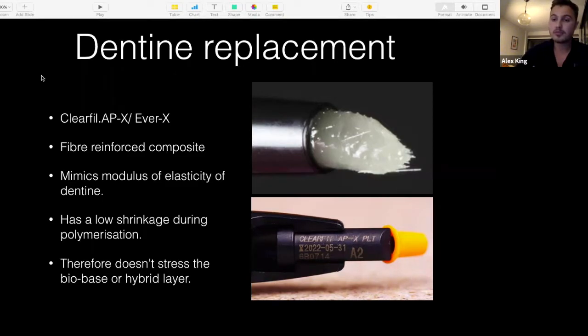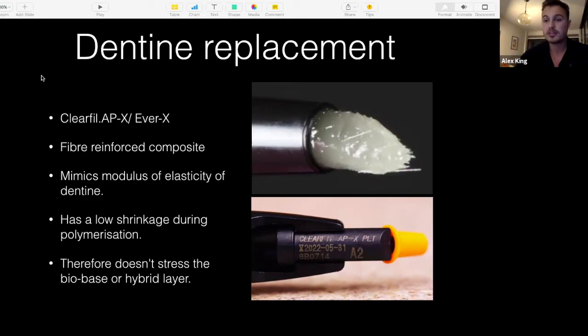So people have come up with dentine replacement composites. There's one currently on the market called Clearfil APX, which is on the bottom, and then there's EverX. And they're both fiberglass reinforced composites, and they mimic the modulus of elasticity of the dentine.